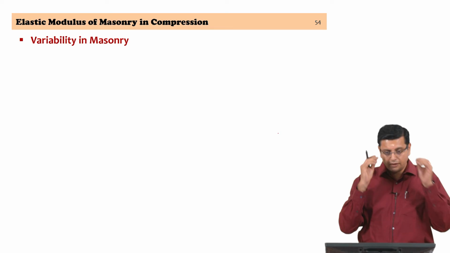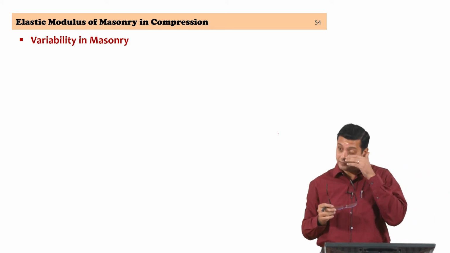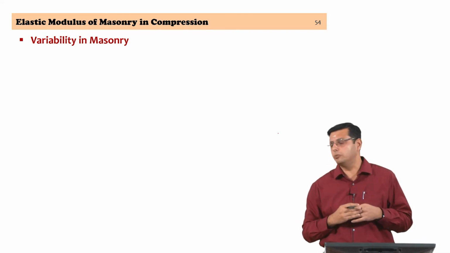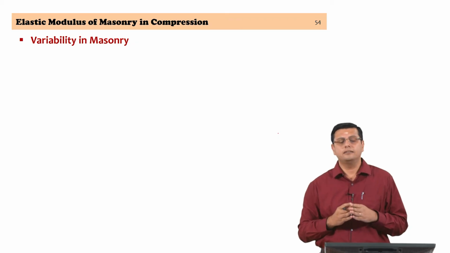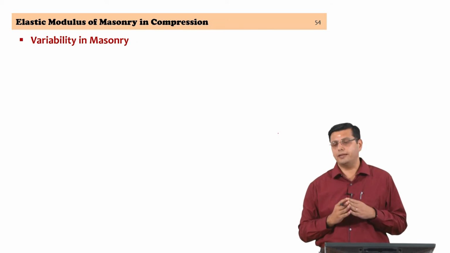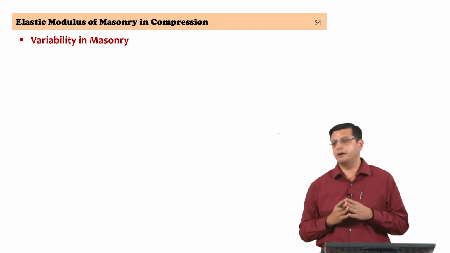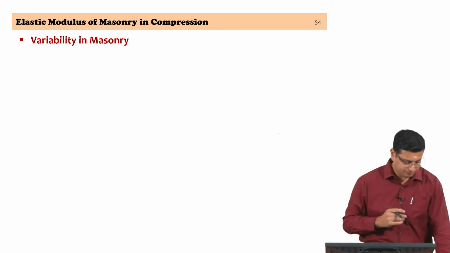Masonry is a material that is highly affected by variability, and the graphs that you will see in a few minutes will convince you that the kind of variability that you will expect in clay brick masonry is far more significant, and you should be careful about having statistically relevant numbers whenever you are working with actual materials and actual values coming from tests.